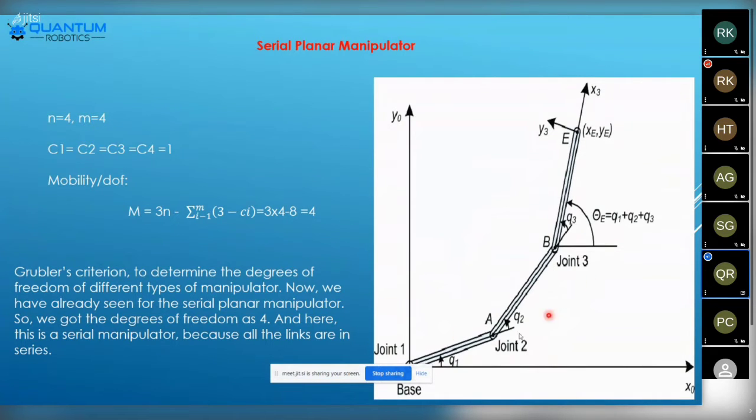As I said previously, whatever links are in serial condition, that is called the serial planar manipulator. Why have we taken planar in this serial manipulator? The planar base gives a particular area towards an upper direction in a serial condition. That's why we call it the serial planar manipulator.